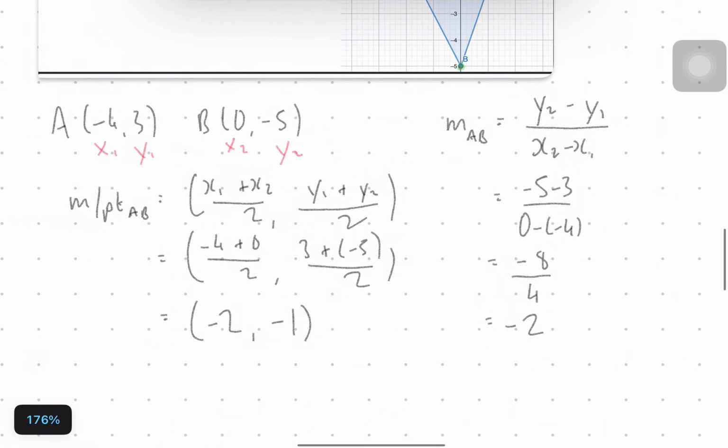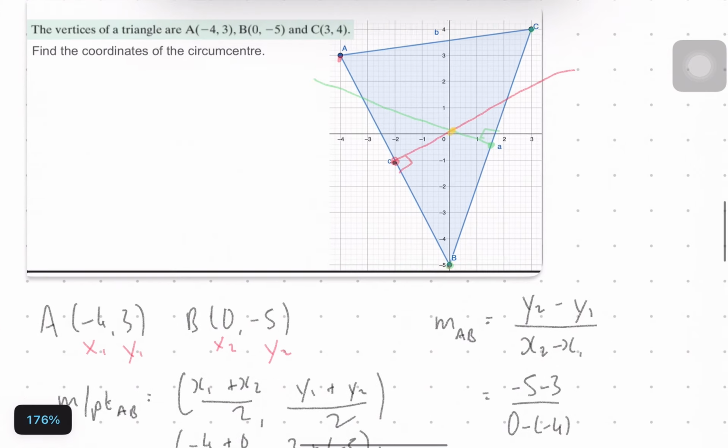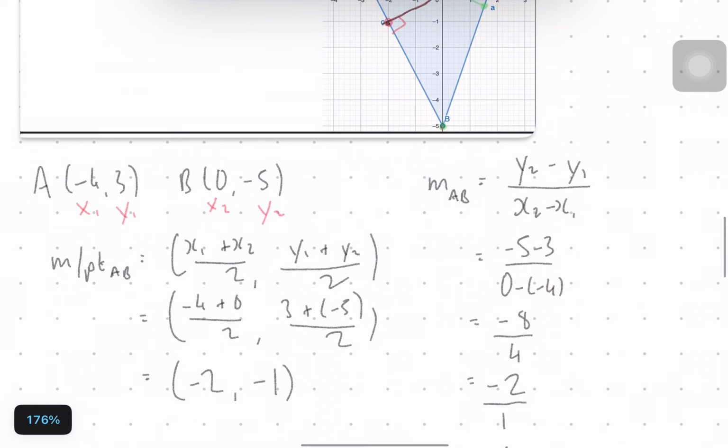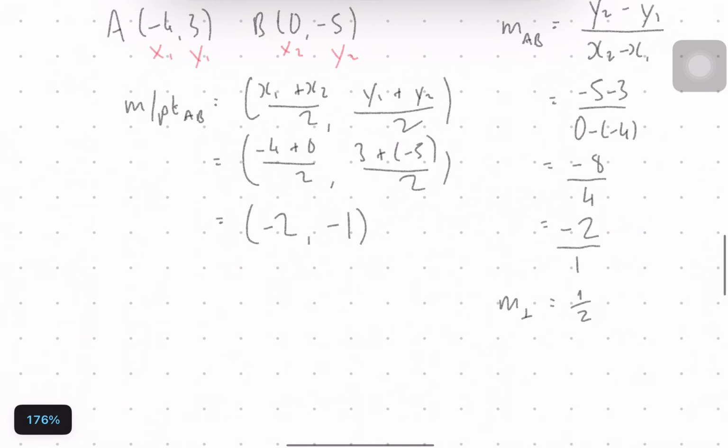So minus 2 is the same thing as minus 2 over 1. The slope of a perpendicular line will be, flip it and change the sign, so that is plus 1 over 2. So that perpendicular bisector has a slope of a half and goes through the point -2, -1. So I can get the equation of that. y minus y1 equals m times x minus x1.